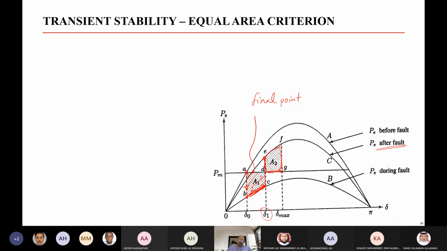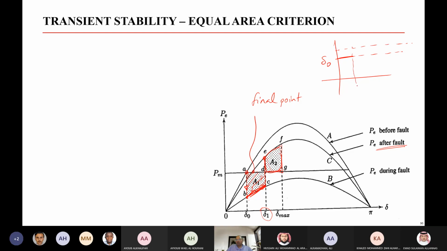So the machine will oscillate around this. Of course, you can see here we have a higher angle than delta 0. This is the steady state. The angle starts here.